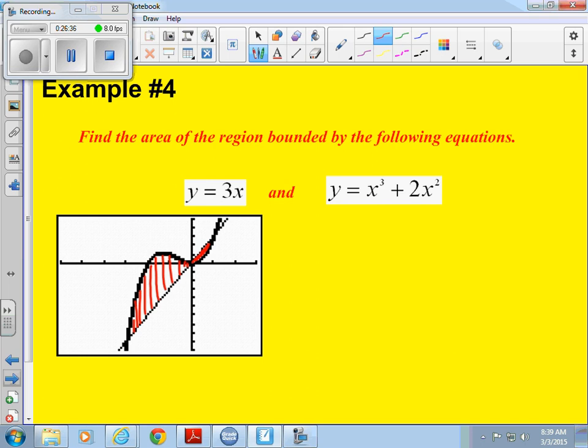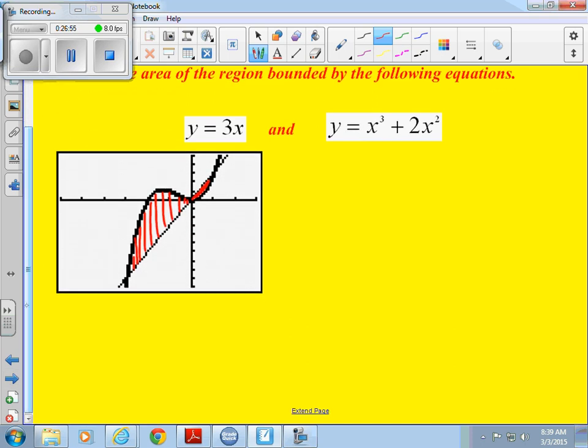Can we just do one integral to get this? What's the problem? They switch, right? So I've got to do two different integrals.